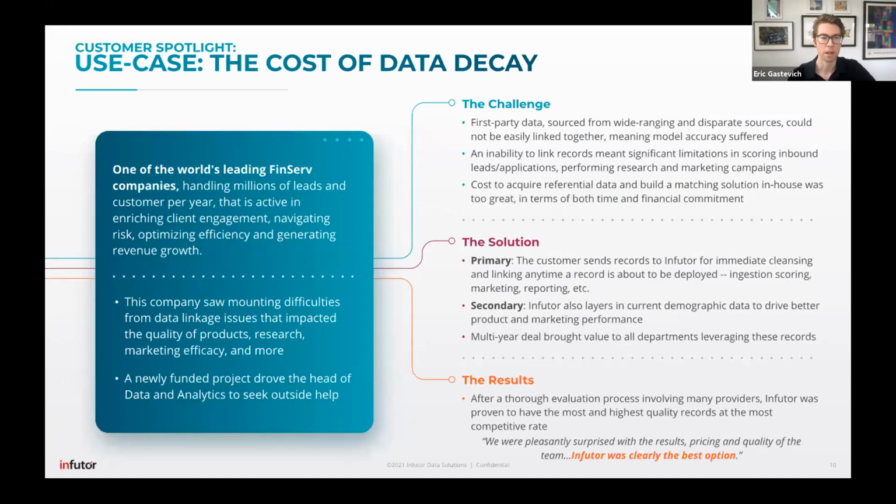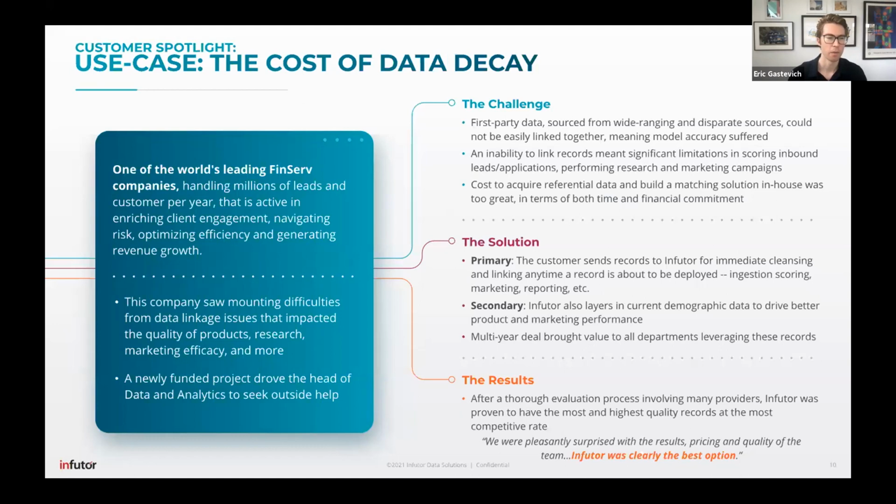I very quickly am going to mention a use case because I was just meeting with them earlier this week and I thought it was relevant here before we get into a live demo. This use case is one of the world's leading financial services companies. They handle millions of leads and customers each year, and they were struggling with model accuracy.